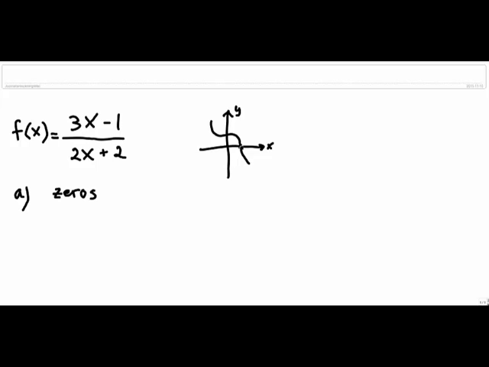And for this point, if we go to the left until we meet the y-axis, the y is 0. So if we solve the equation, just saying this is 0, we'll get the zeros. So basically solve the equation f of x, which is the same as y, the y value, when it's 0.